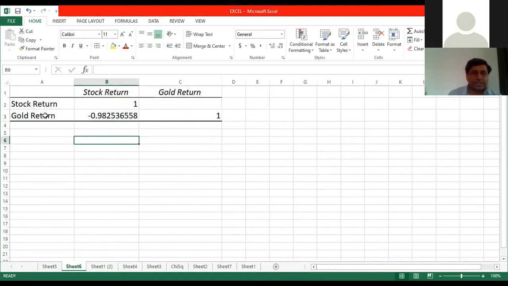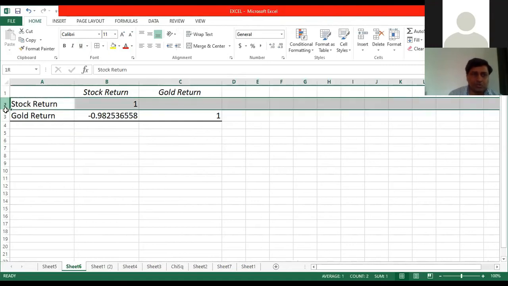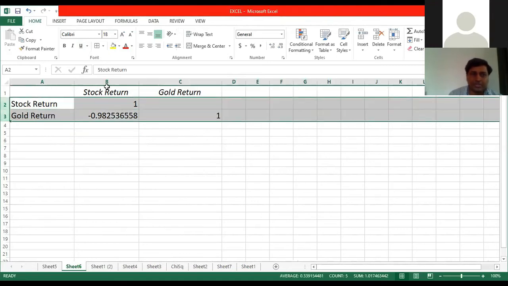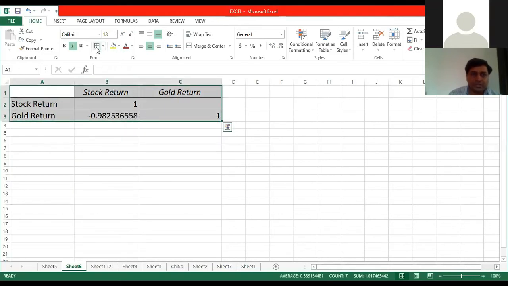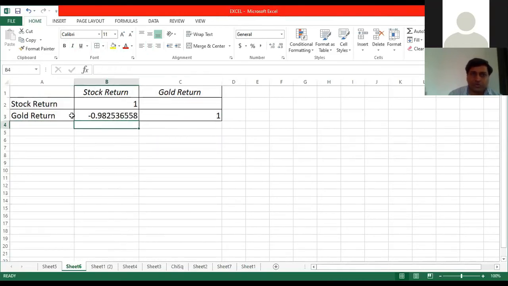Here there are two variables, stock returns and gold returns. Similarly, you have a 2x2 matrix, and this 2x2 matrix talks about these values. Between stock returns and gold returns, this is the correlation coefficient that is coming out to be minus 0.98253.